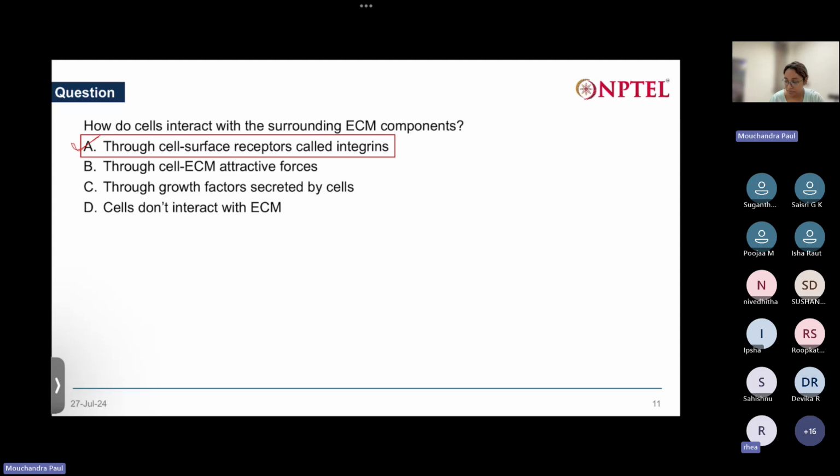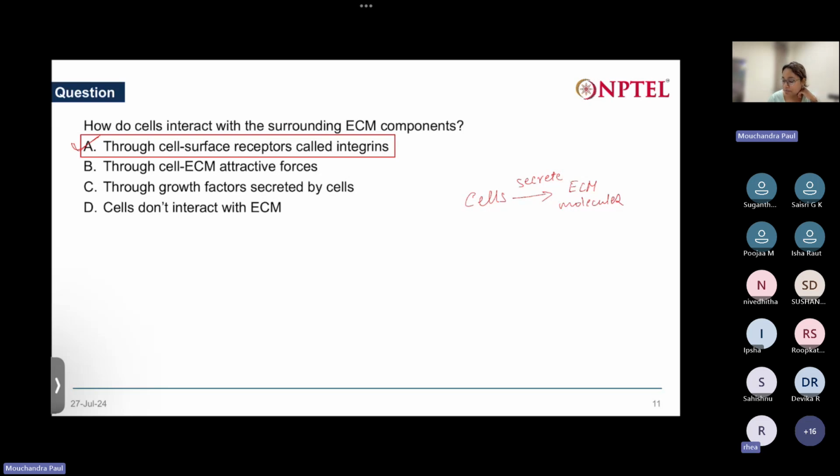So as I told you, cells secrete ECM molecules. These ECM molecules are generally proteins, but they have very large molecular weight, because of which their diffusion capability is very low.